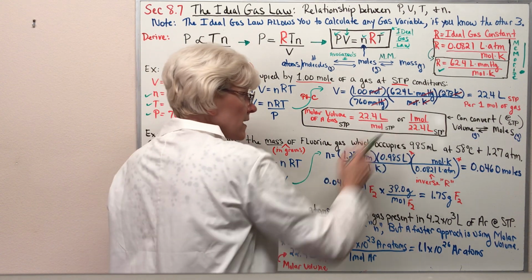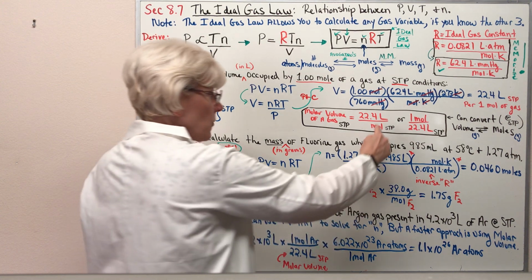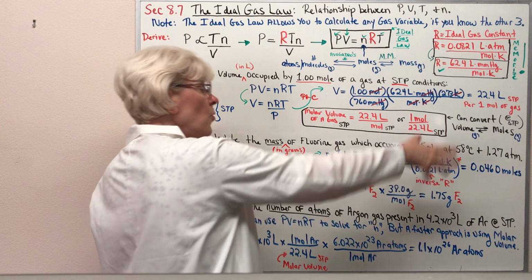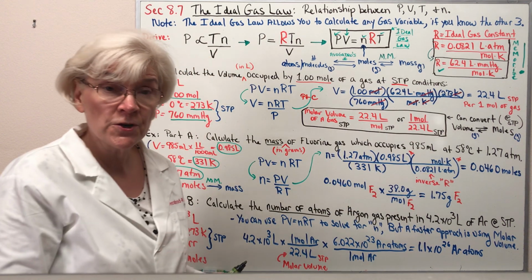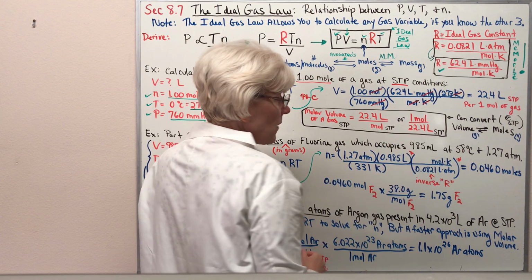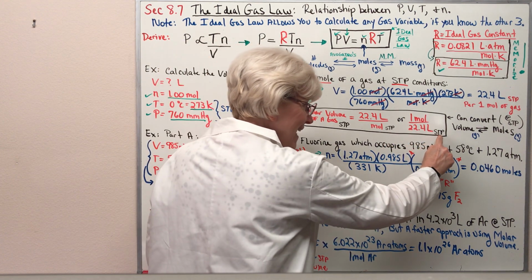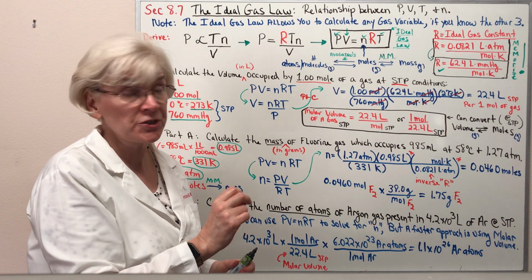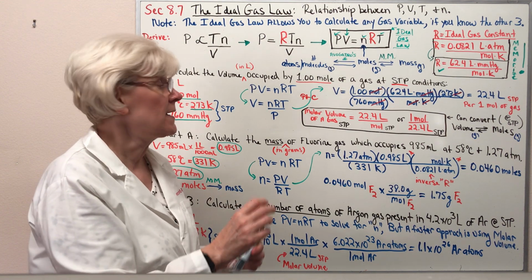So we can make a conversion factor, 22.4 liters per mole at STP, or writing that conversion factor in its flipped form, 1 mole over 22.4 liters, again valid only if temperature and pressure are STP values.